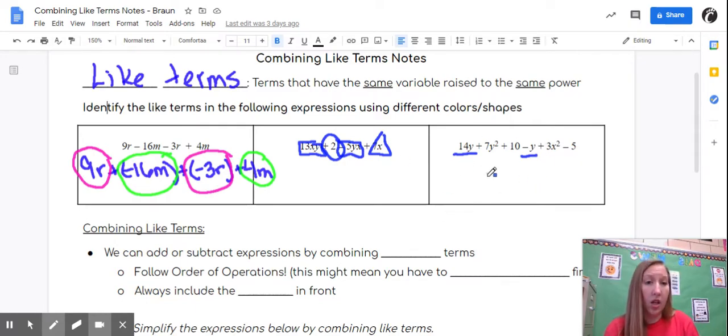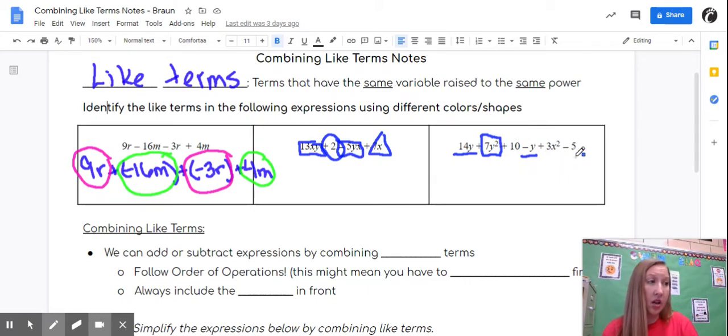Now, I'm going to look at my second term here, and I have 7y squared. I'm going to go ahead and put a box around that, and then I'm going to look for any other terms that have y squared, and I don't have any. So this one is going to be by itself. There's nothing I can combine it with. My next one, I've got plus 10, which is a constant.